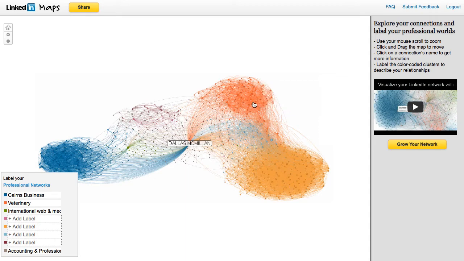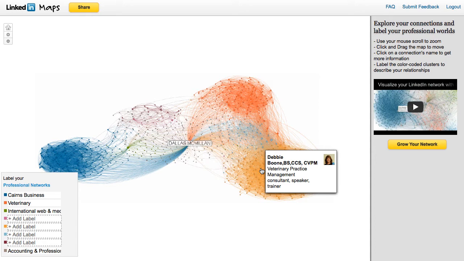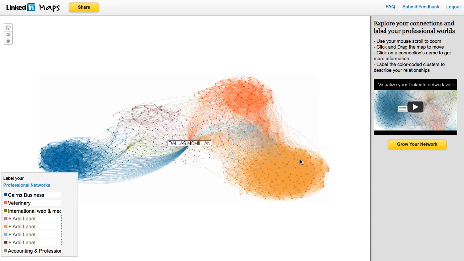What I'm seeing though is that these are Australian vets for the most part, and what I'll see here is this is mostly international vets, mostly in the United States, and so this is clustered as a separate sector, and by and large a lot of these guys know each other, and a lot of these guys know each other, and there's not so many relationships between them. So being a connection between two big important groups like that can position you as a conduit or connector yourself. That is a really important part of networking.